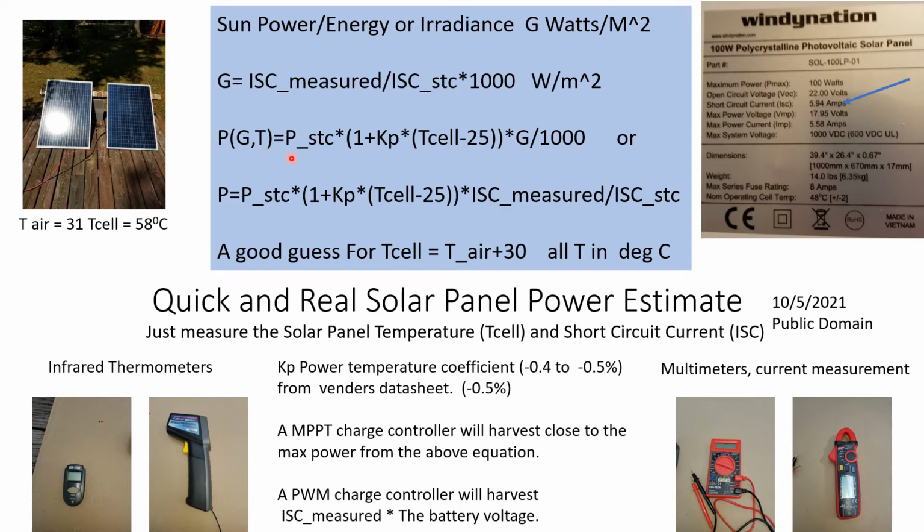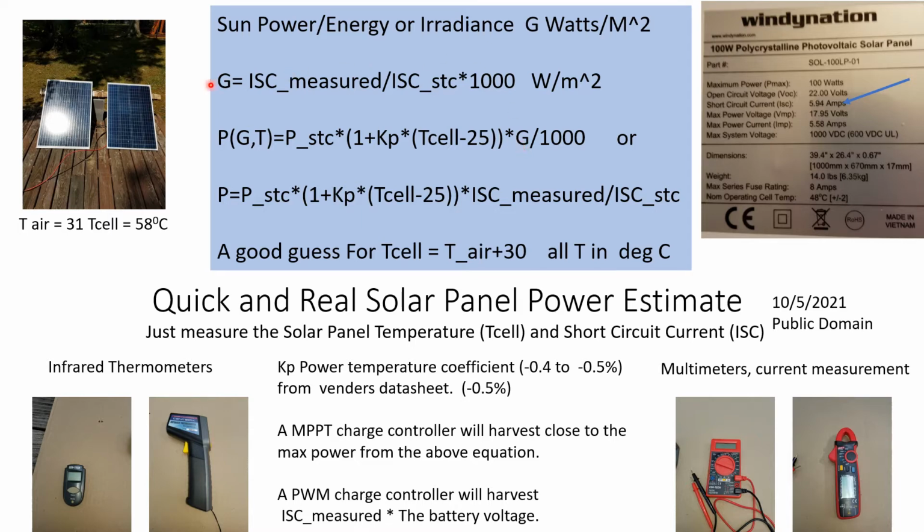The power at STC is 100 watts, and we need to know the cell temperature. And we've got to find out what the actual solar insolation is, irradiance, sun energy, sun power, whatever you want to call it.